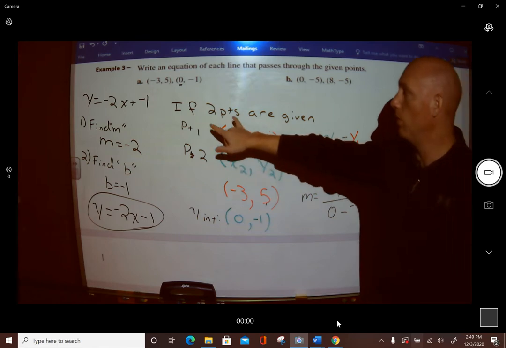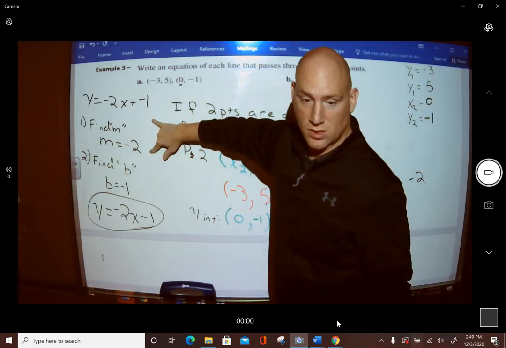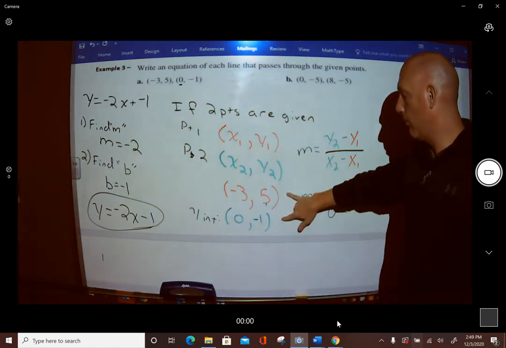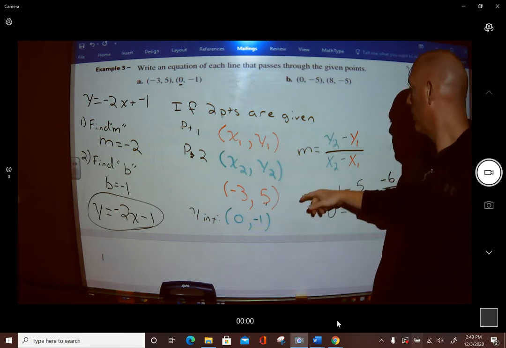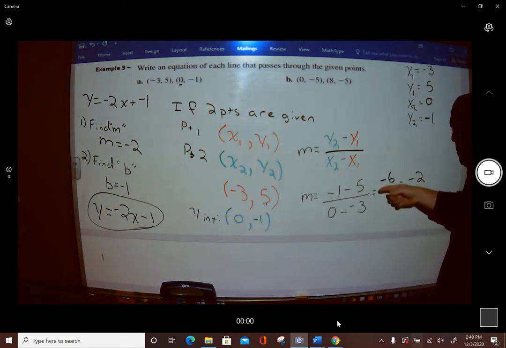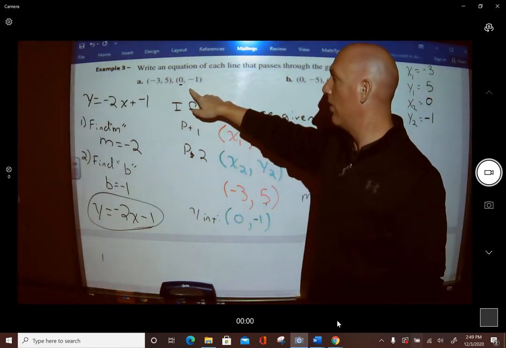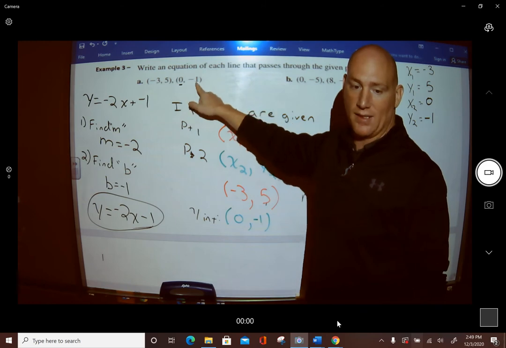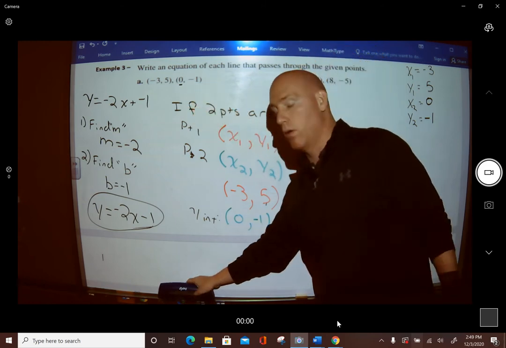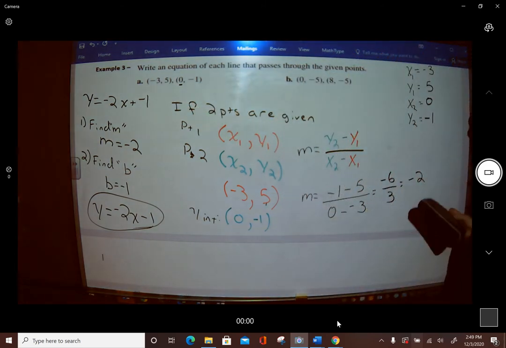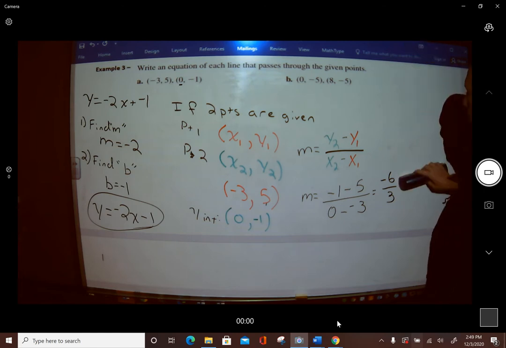So if you're given 2 points, first find slope, label your points, point 1, point 2, plug them in, solve for slope. And then everything in 4.1, they will give you the intercept. The intercept is the point where x is 0. Okay? So now let's move on to the next one.